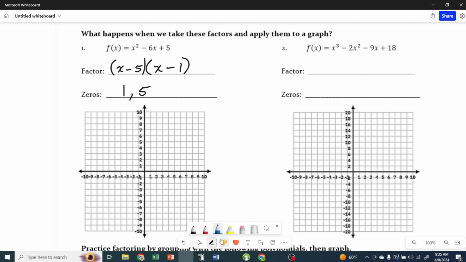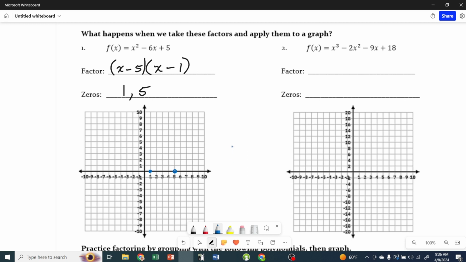So what can we do with this? All right. Well, we can go to 1 and put a dot here. And we can go to 5 and put a dot here, right? And now we can solve for our vertex, right?